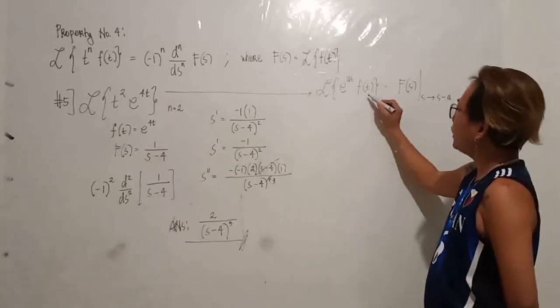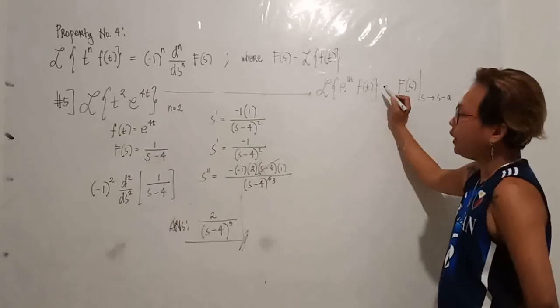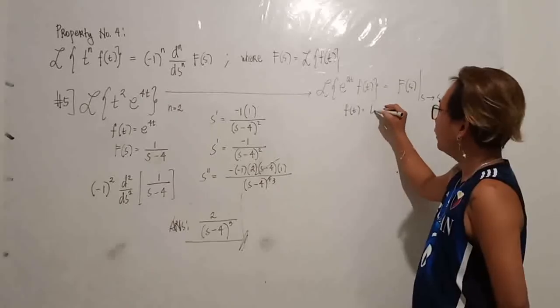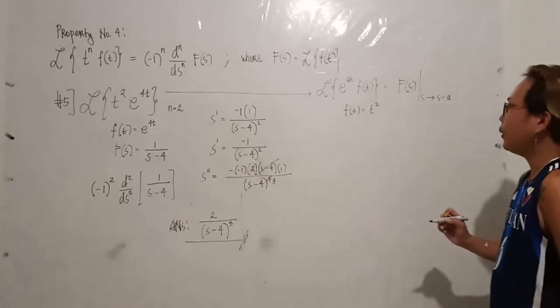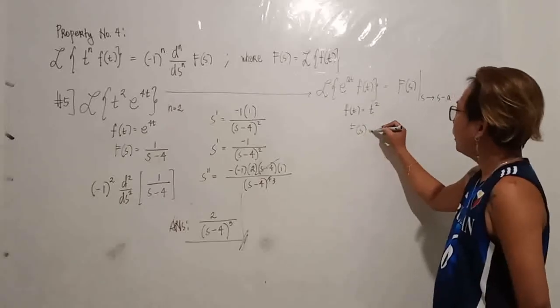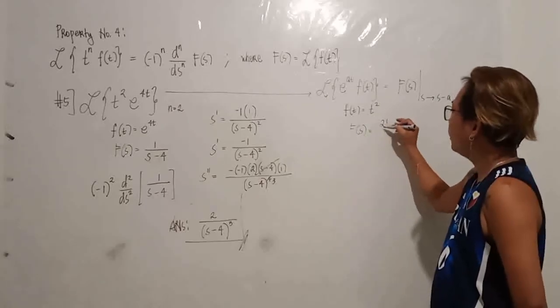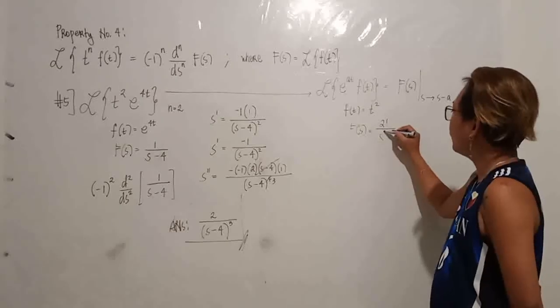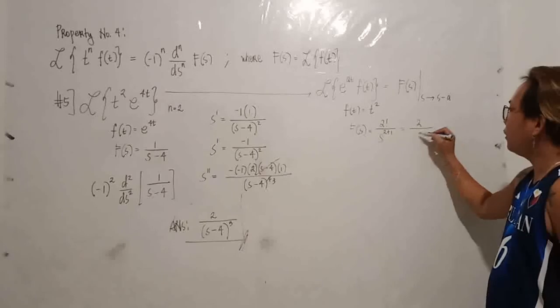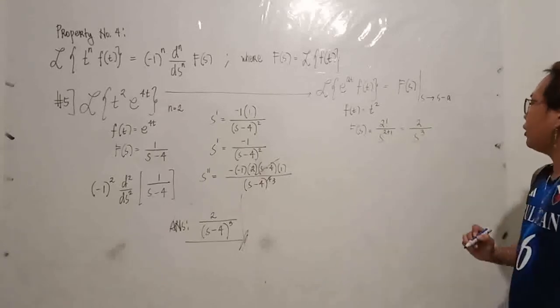Tapos the f of s is the Laplace of the f of t. Ngayon, ang f of t natin dito ay t squared, wherein si f of s mo na ngayon ay 2 factorial over s of 2 plus 1. So that's 2 factorial, that's 2 over s cubed.